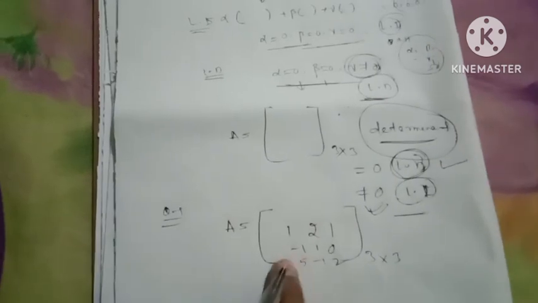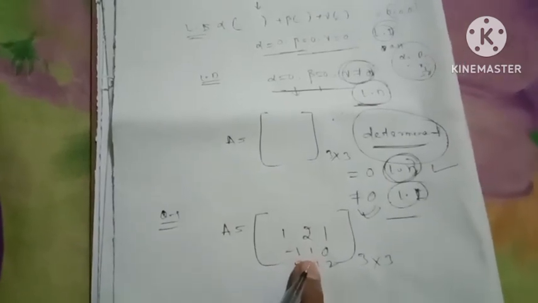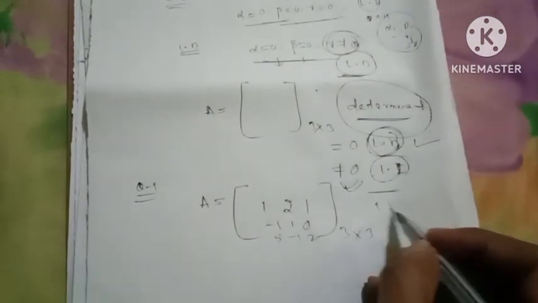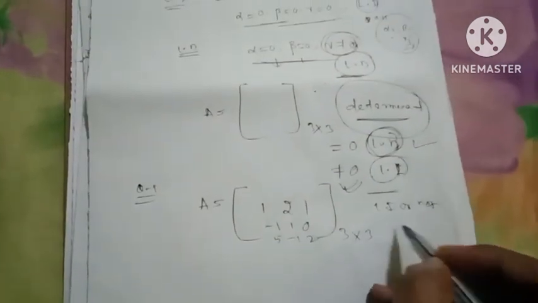This is the 3x3 matrix. How will we show whether the given vectors are linearly independent or dependent? First we will find the value of the determinant. What is the determinant?